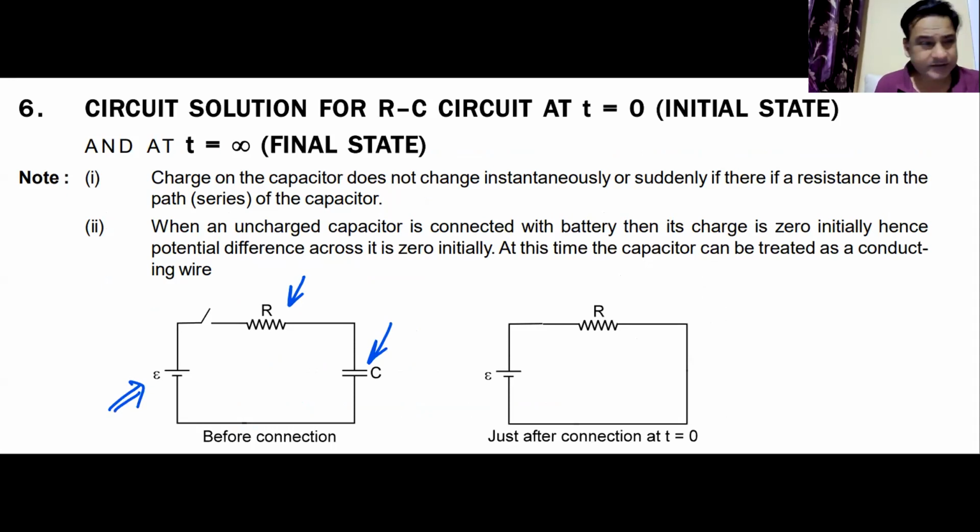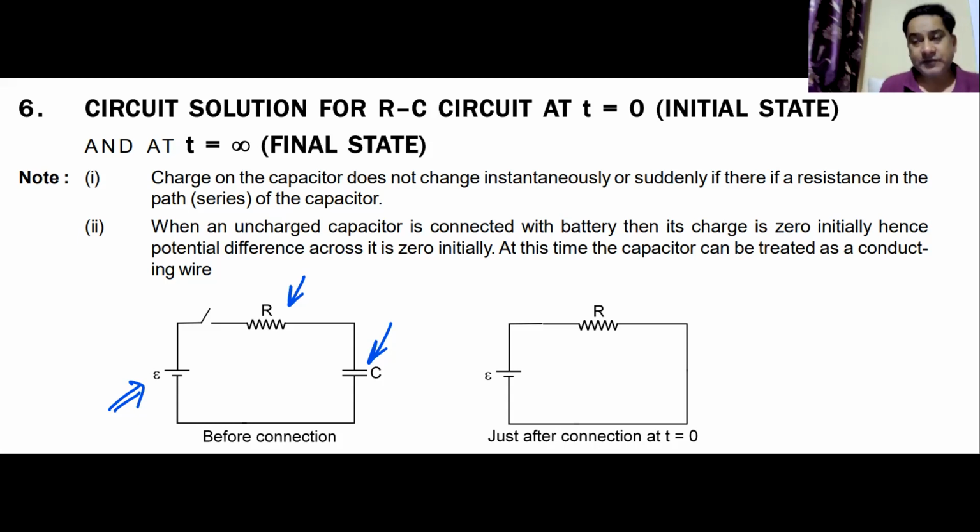Basically, this capacitor will get charged very quickly. 99.9% of the charge on the capacitor will come in maybe microseconds or milliseconds, depending on the time constant. Theoretically, it will take infinite time to get it fully charged. Do you know this? Yes, sir.